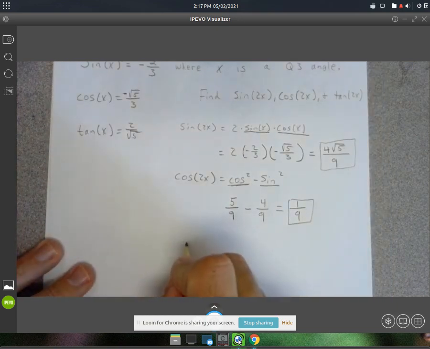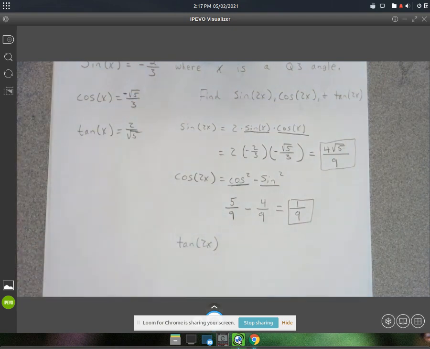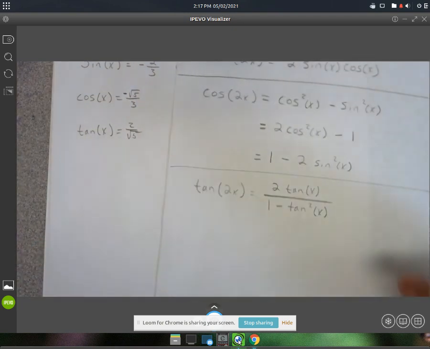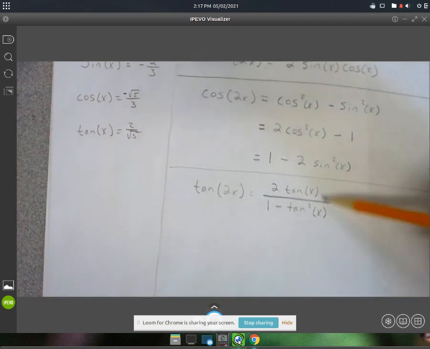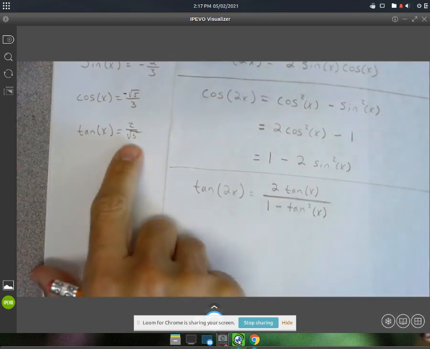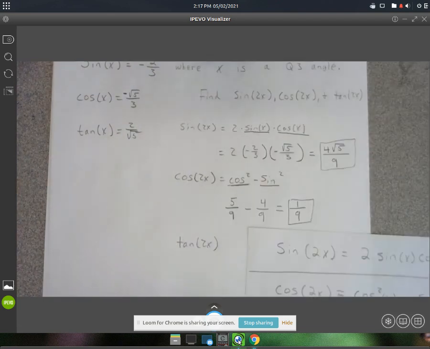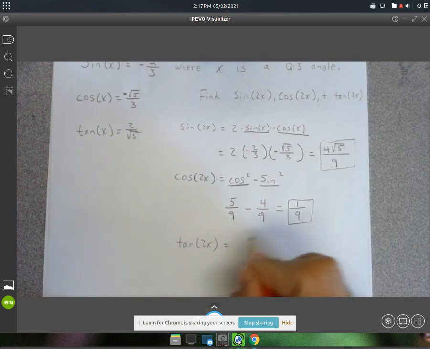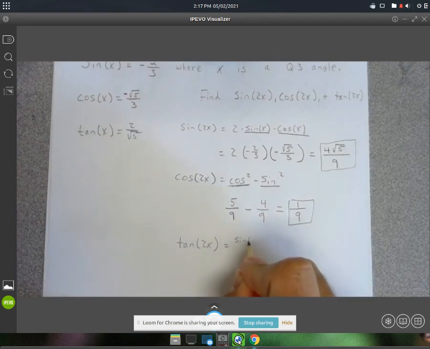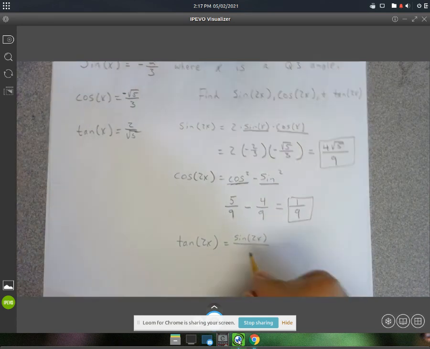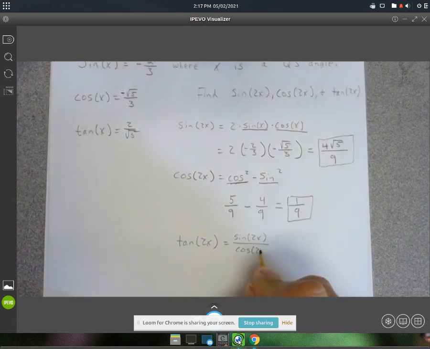And then if we want to find tangent of 2x, we could go ahead and work it out like this, knowing tangent of x. That's one option, and it's not a bad thing to actually try out. It's going to be simpler, though, to think of tangent of 2x as just sine over cosine. So it's going to be sine of 2x over cosine of 2x.